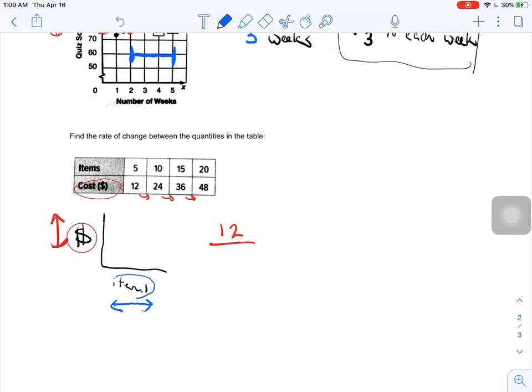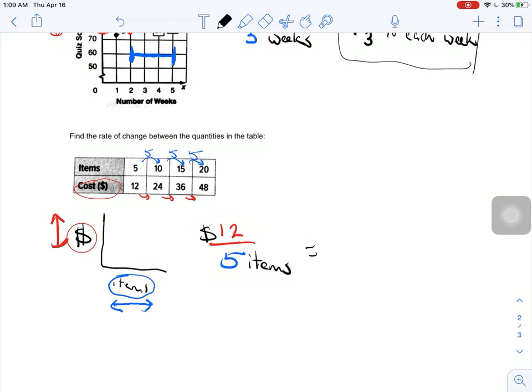So if I'm tracking the change sideways on the graph, that's going to be tracking the change in the number of items. So if I look at this table, that's also very steady. So I'm increasing by 5 items each time. So my rate of change ratio or fraction would be $12 for 5 items.